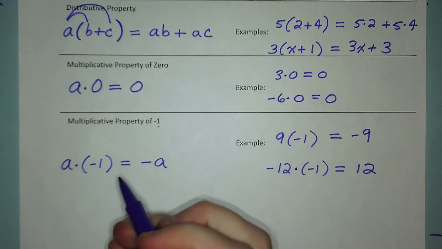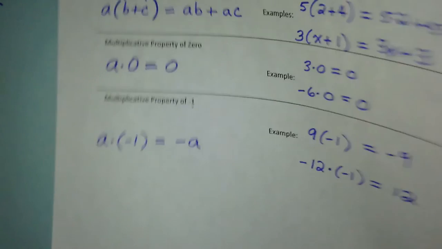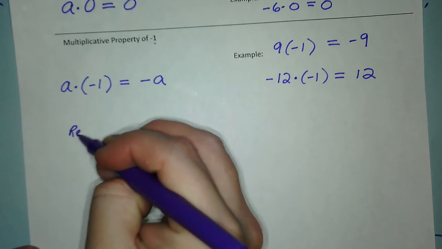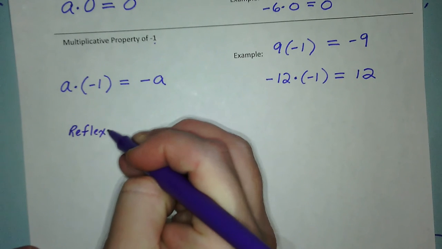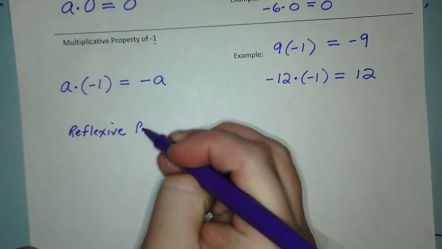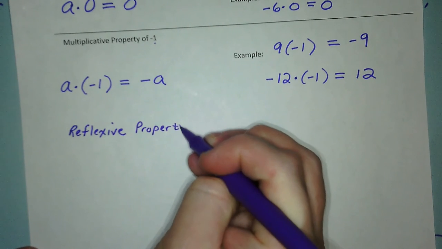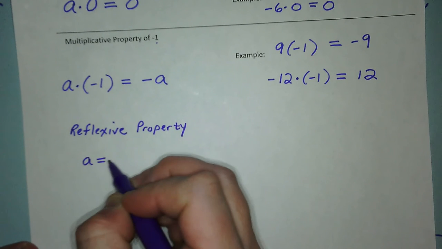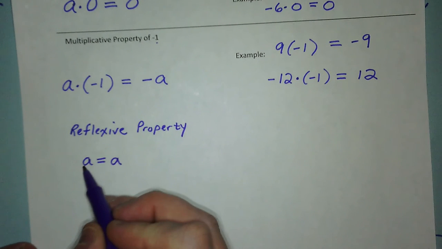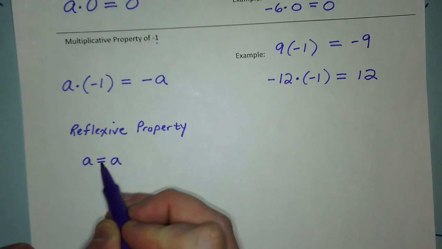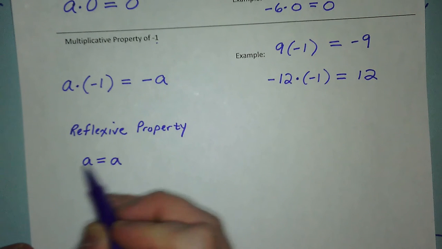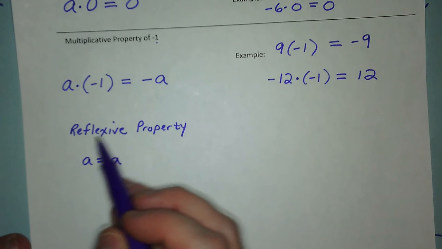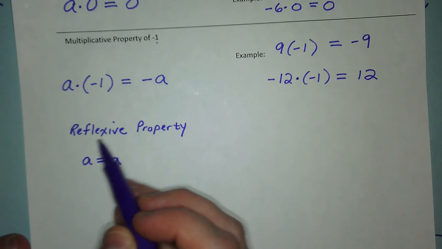And I feel like throwing in one more property just in case I threw it on the crossword. I don't know. There's actually this property called the reflexive property. And all that really means is that any number equals itself, like a mirror that you see reflection, reflexive.